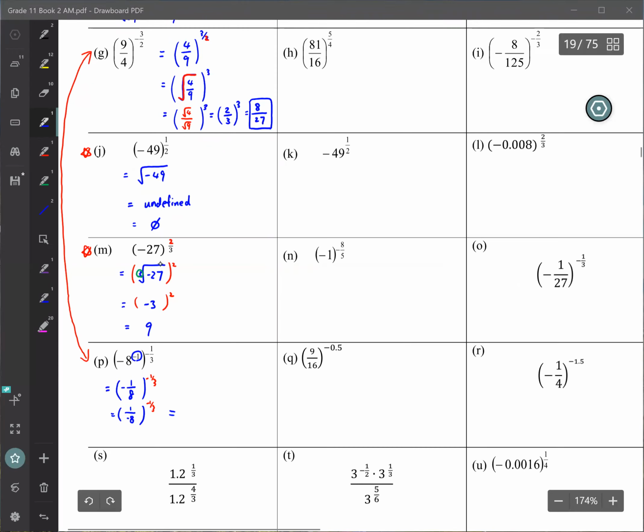Okay, follow the same steps as question G. If you look at question G, right, first step is to flip it. After you flip it, apply the root. Okay, when you get the answer, please raise your hand. Only 2 steps.